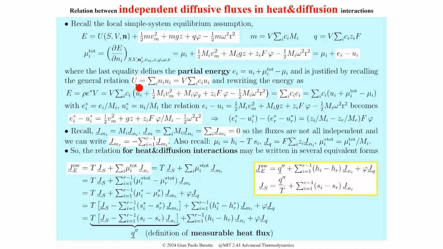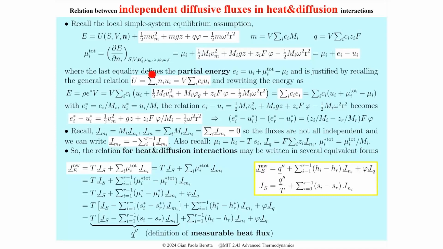In fact, you remember that in general, before we make any assumptions about the mixture being ideal or non-ideal, we defined the partial properties, and this is the partial internal energy, which is related to the total internal energy by this summation, which you can also cast in terms of concentrations, C sub i.